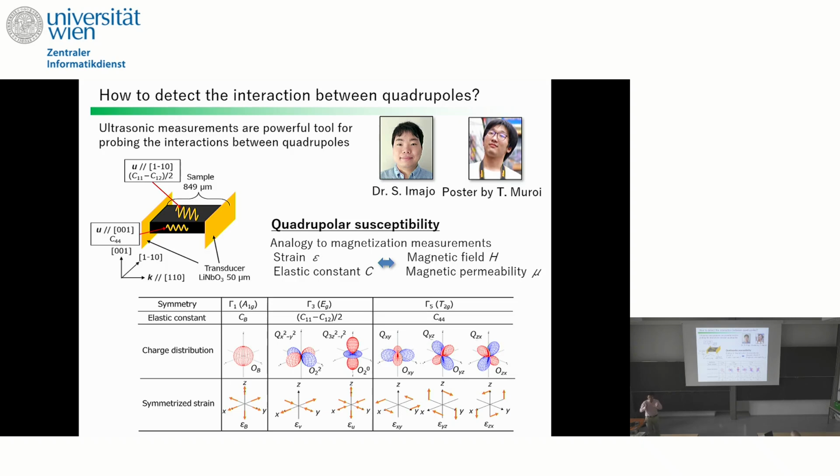And by changing the configuration of crystal orientation and propagation direction, we can produce many kinds of local distortion in the material. As I have already said, each unique lattice distortion couples to a quadrupole moment, so we can detect the fluctuation of quadrupole moment above the ordering temperature, something like magnetization measurement.